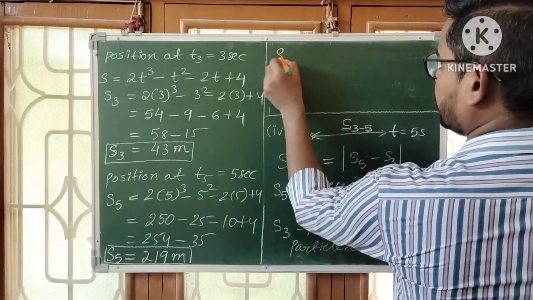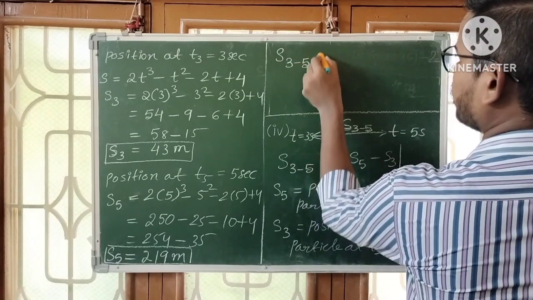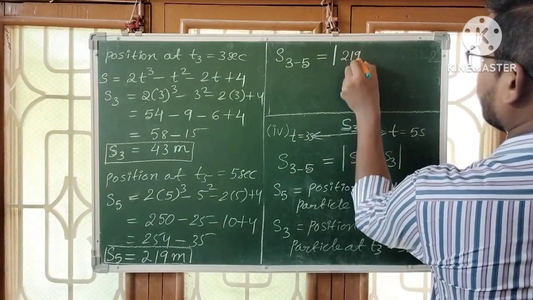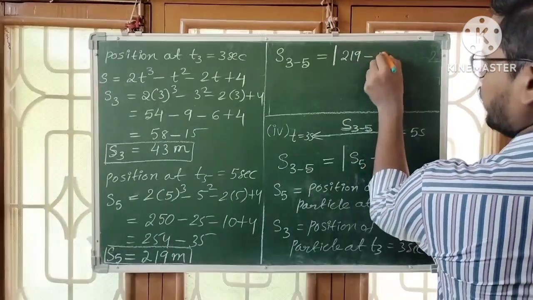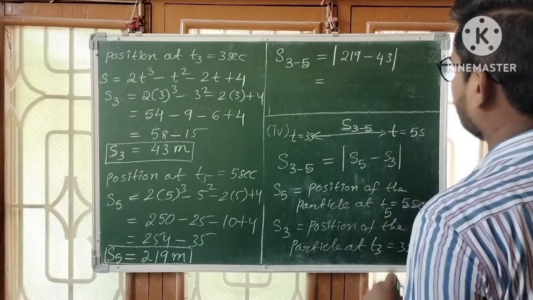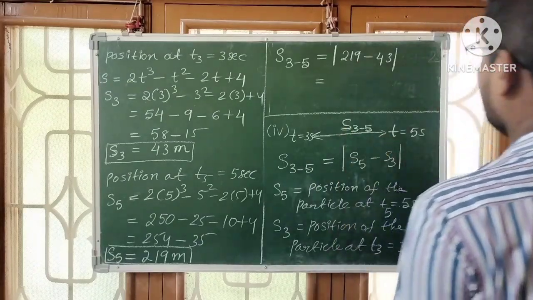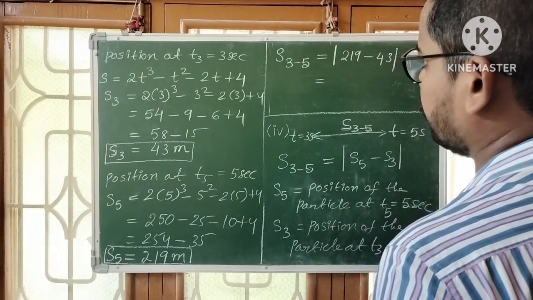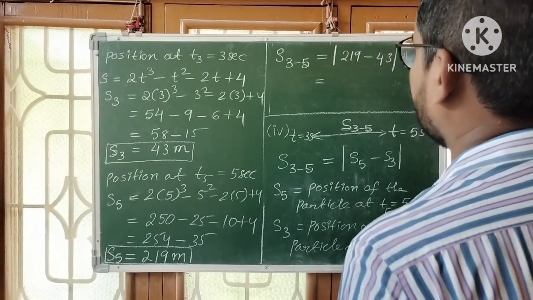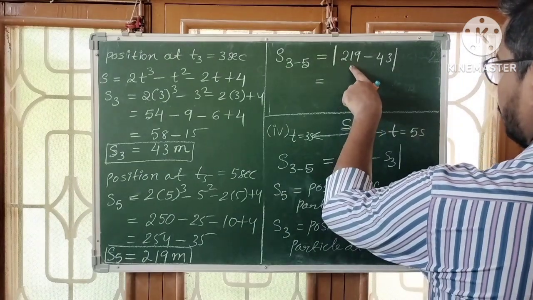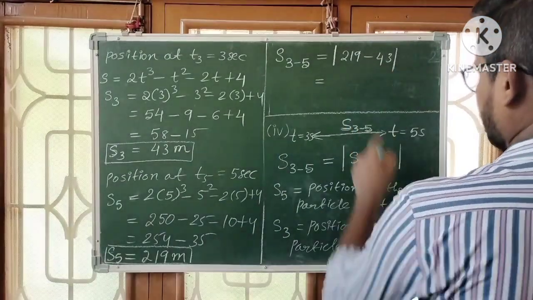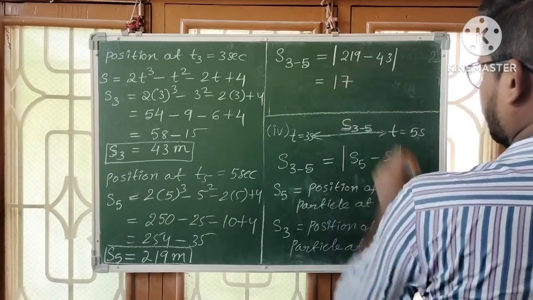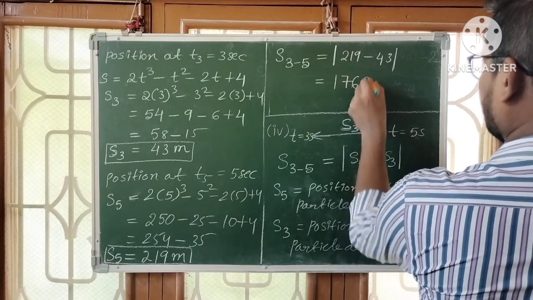Now we need the distance traveled by the particle from 3 seconds to 5 seconds. Modulus of S5, 219, minus S3, 43. 219 minus 43 is equal to 176 meters.